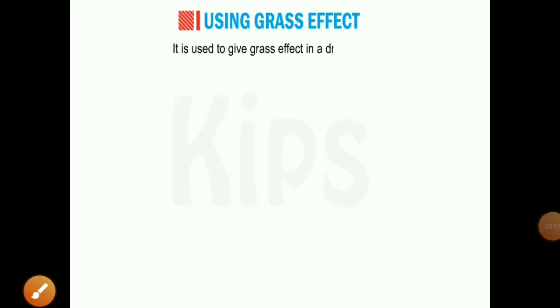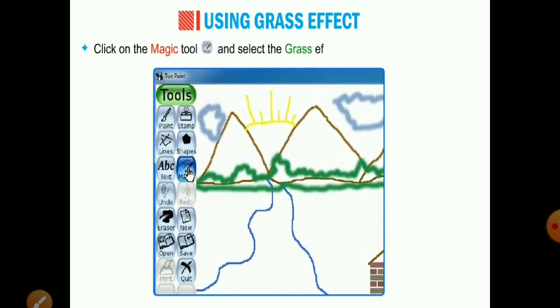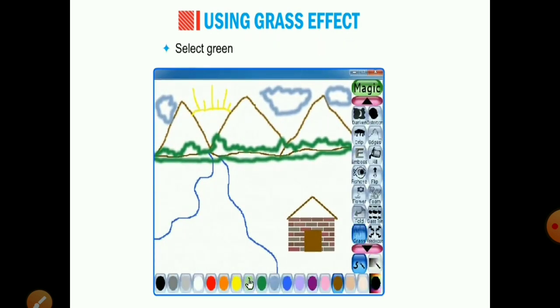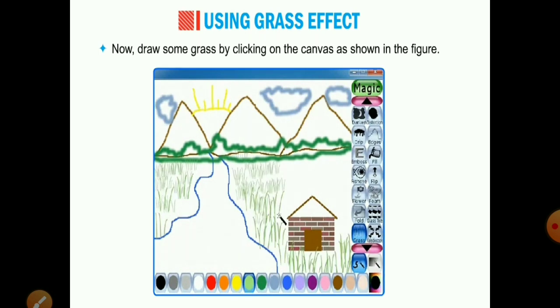First, click on the magic tool and select the grass effect from the subtool box. Select green color from the colors palette. Now, draw some grass by clicking on the canvas as shown in the figure. You can see grass is drawn on the figure.